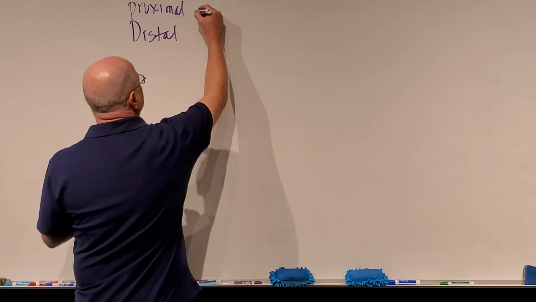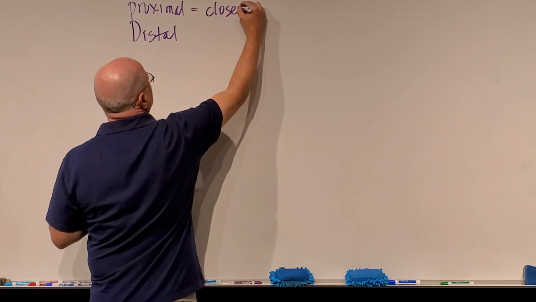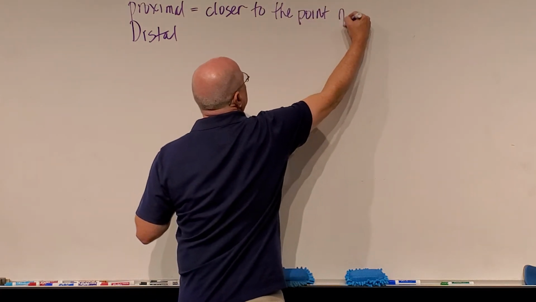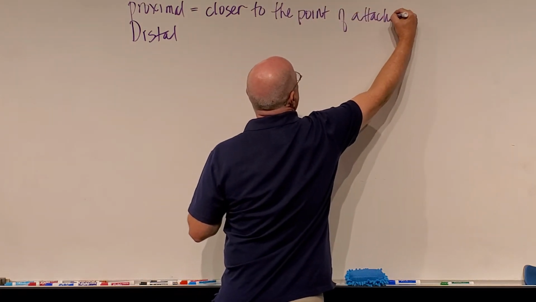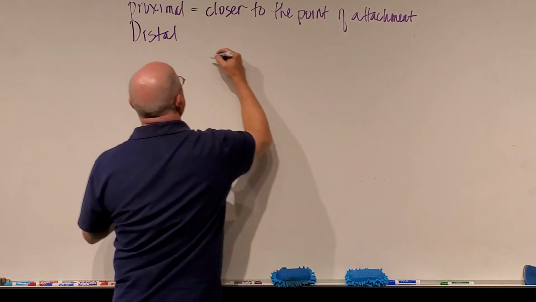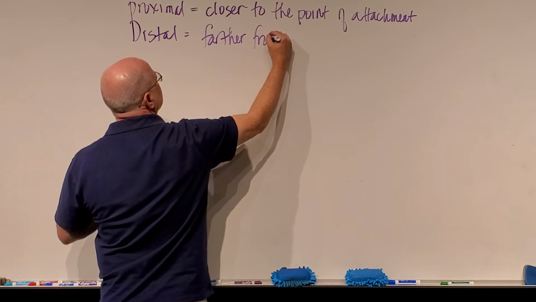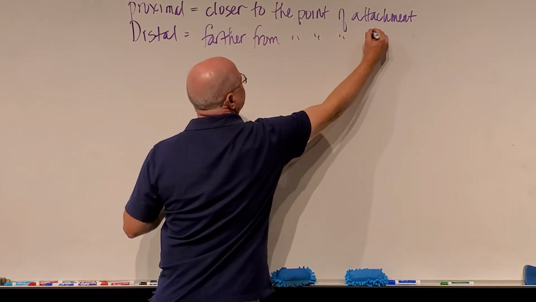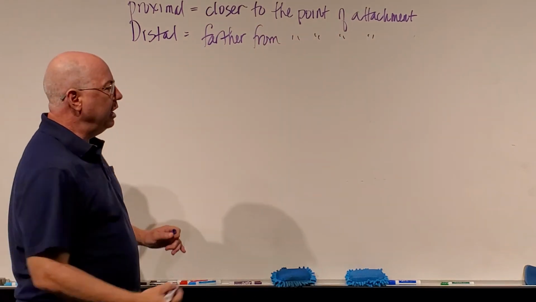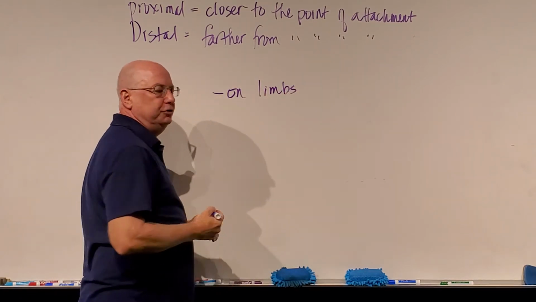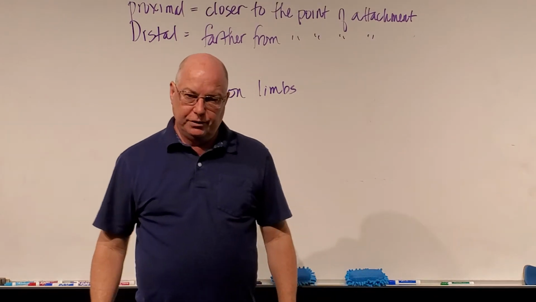So proximal means closer to the point of attachment. And distal means farther from the point of attachment. And we're talking about on limbs. Your four limbs, your arms and your legs.